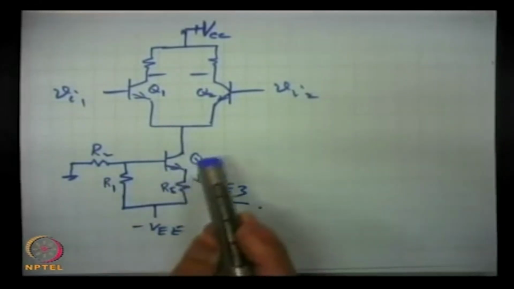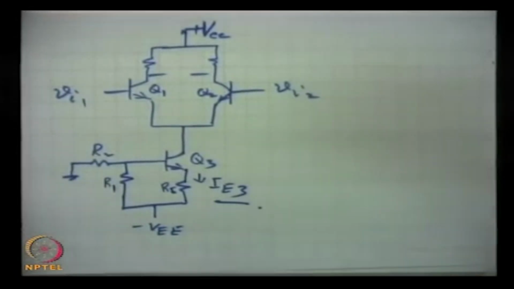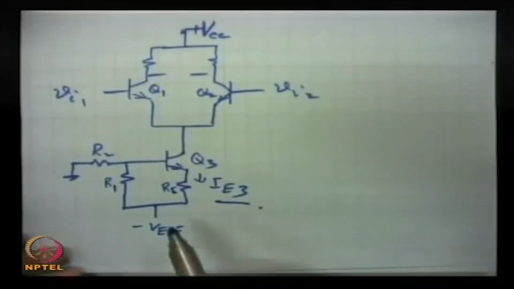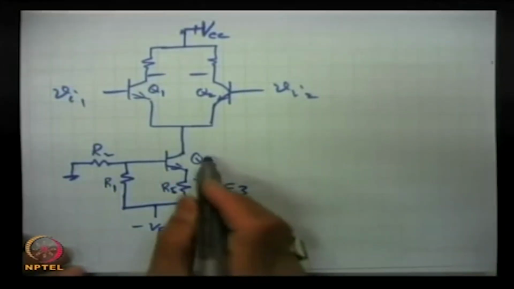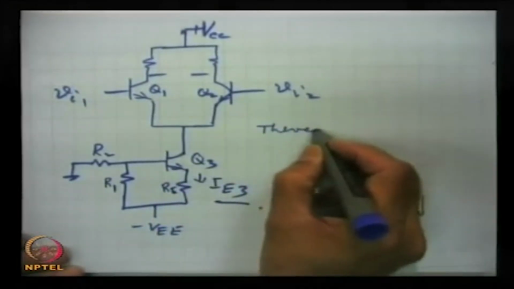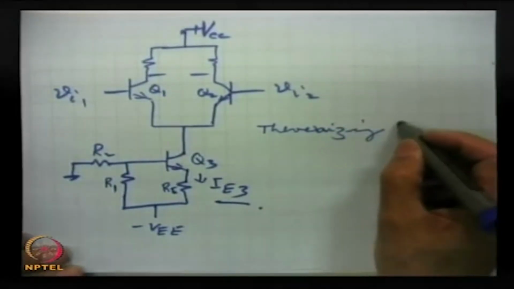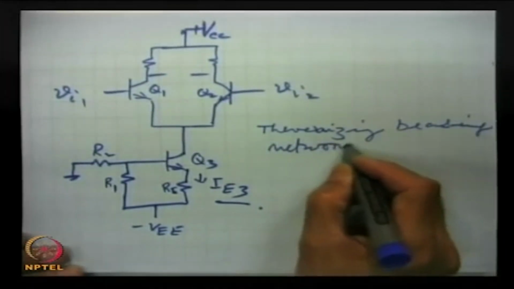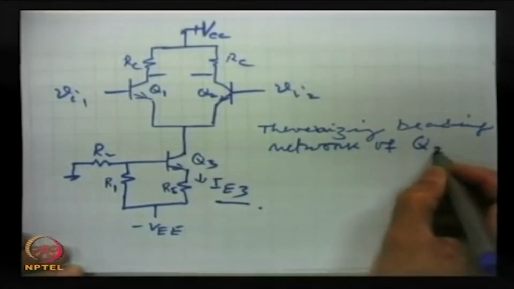Now, here there are two resistances R1 and R2. A voltage divider bias is being used, and here we can Thévenize this circuit, Thévenizing the biasing network of Q3, that is this transistor Q3.